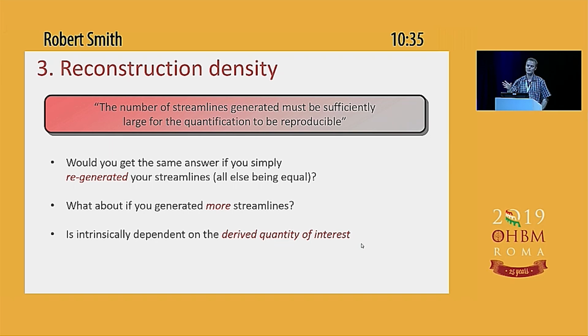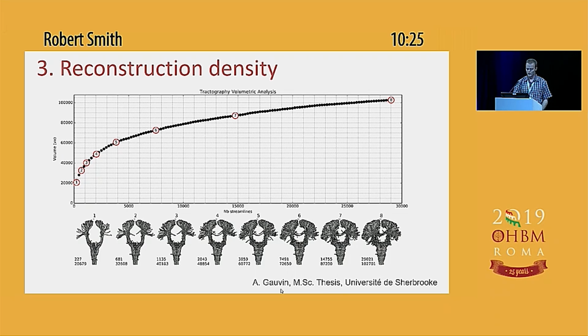And fundamentally, the answer to this question is going to depend on exactly what you are quantifying for each individual pathway. So for instance, I pulled this image from a thesis where they're specifically interested in the spatial volume that is occupied by a particular white matter pathway. When you've generated only a few streamlines, you get an underestimate of the volume because the streamlines algorithm hasn't had the opportunity to fill out all of the space where that pathway may actually exist.